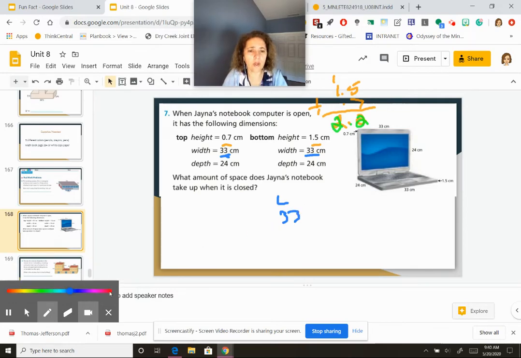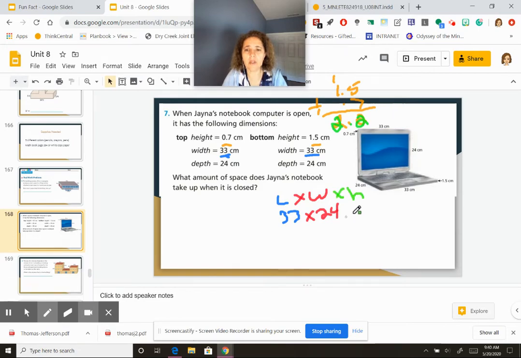Oh, let me do my width here. Times my width. And what they're calling the width, see the one that's going in, they're calling depth. Now, is that going to change if it's closed? No, it's still going to be the same, right? So it's still going to be times 24. And then my height was 2.2. So I'm going to go back to the green times height.